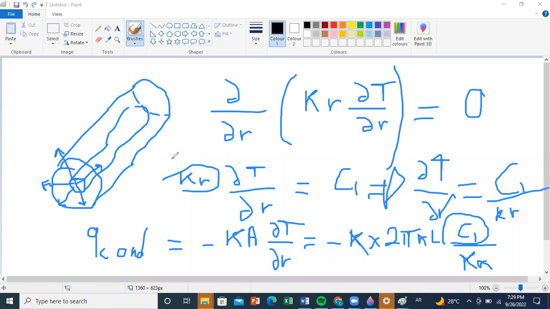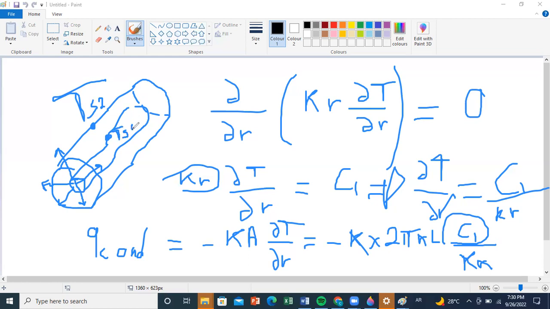This is why, in general, in such a problem, I can find C1 and C2, which is the second constant of integration, from boundaries. So we know that we have two characteristic surface temperatures, T surface 2 and T surface 1.